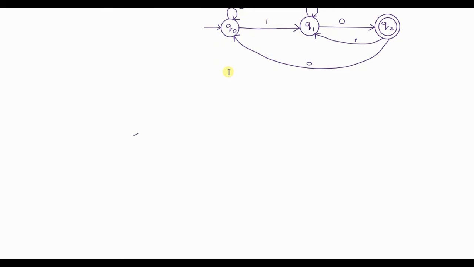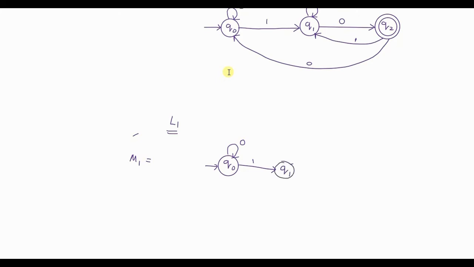Suppose L1 is the given language to us, and assume that M1 is an automata for L1. And what is M1? Suppose it starts from Q0 state. Suppose Q0 on 0 goes to Q0. Q0 on 1 goes to Q1.